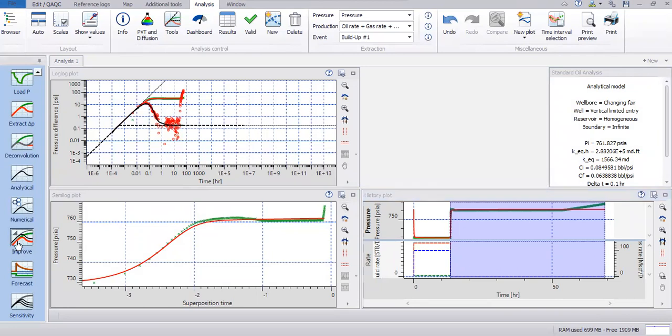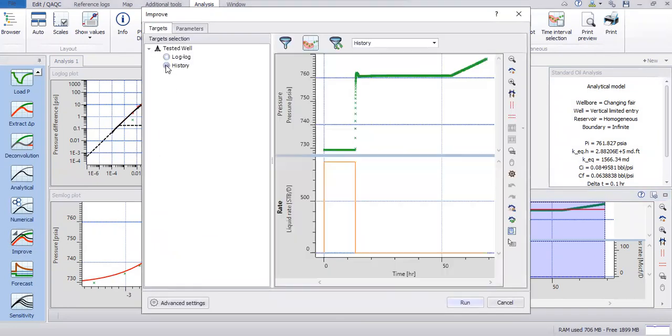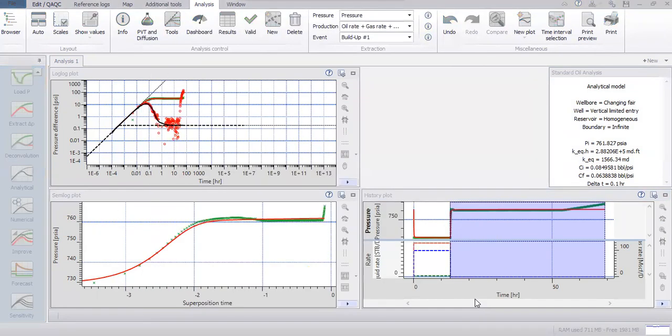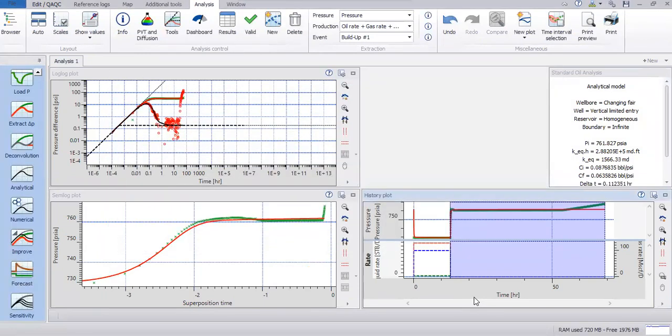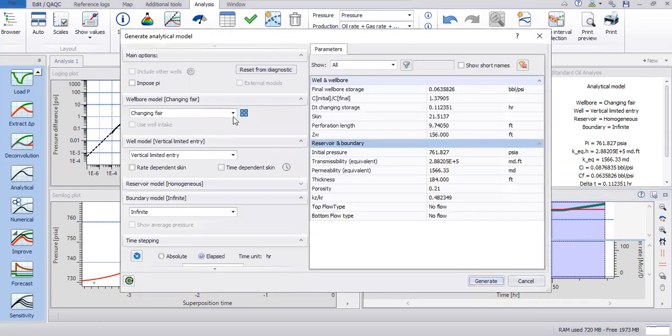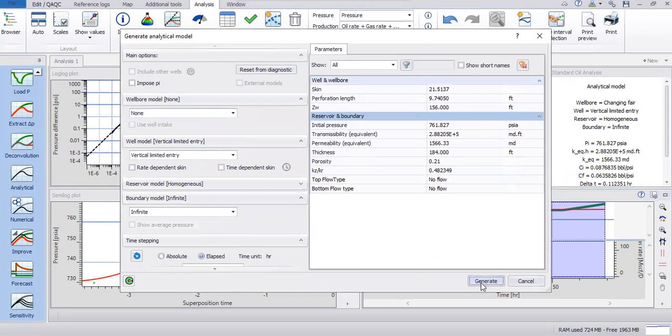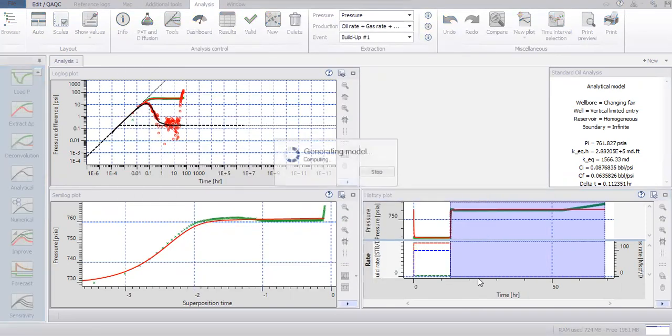So let's try improve by following the history, and no changing wellbore storage.